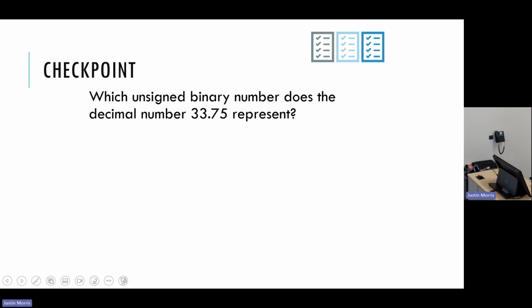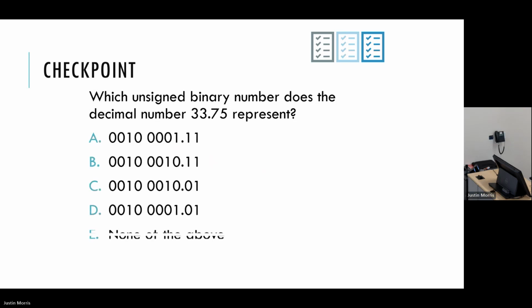Okay, so now unsigned but fixed point representation. So can someone walk me through this one? I need a volunteer.